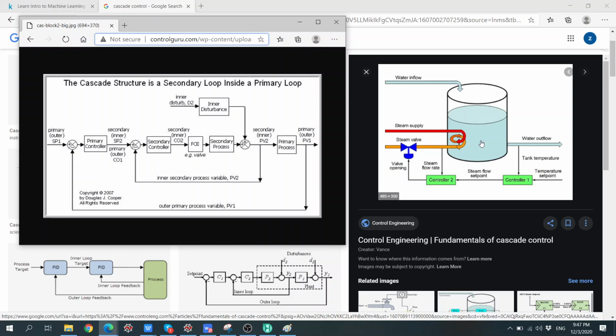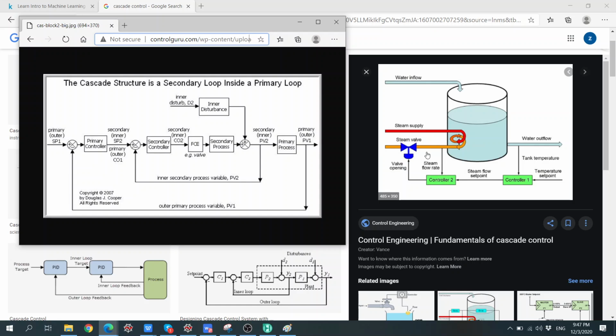So we have steam coming in, and this steam is heating up the water in the tank, and then it measures the steam outlet temperature. This steam outlet temperature is going to be used to open and close the valve.